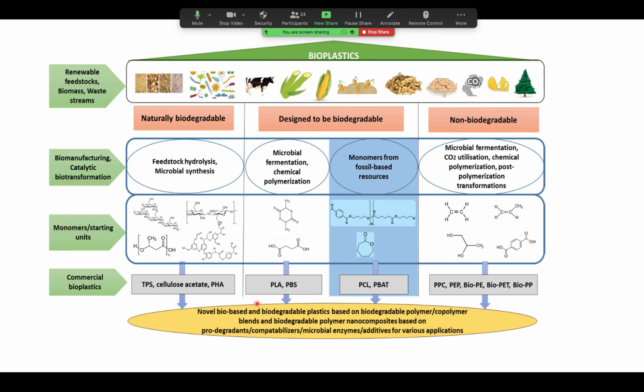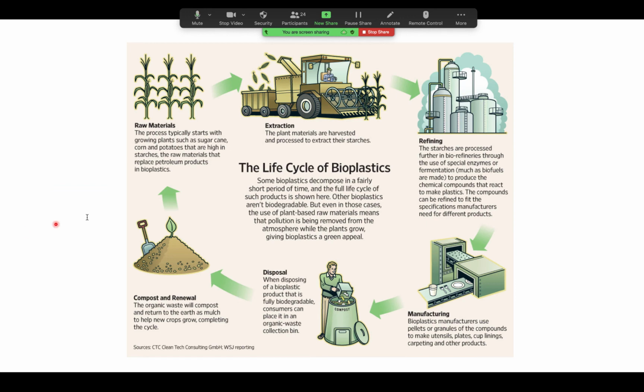But I guess we're going to go on to this ideal life cycle of bioplastics. And this is another term that we're going to be using a lot, this life cycle, because the goal for all of these biological materials is to be in a cycle, whether that cycle be composting, which is this ideal, quadrant 1 style.